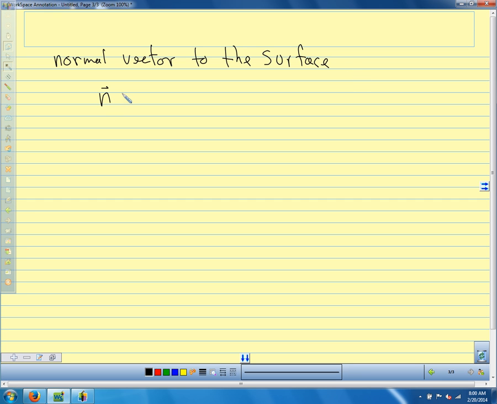We can write it a couple ways. We can say it's the vector df dx, df dy, df dz, our gradient vector. We could also write it as the vector f sub x, f sub y, f sub z.